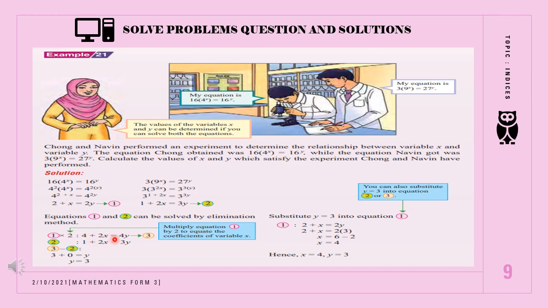So you need to times linear 1 by 2, and the answer will be 4 plus 2x equal to 4y, and the second linear is 1 plus 2x equal to 3y. And then here you can see 2x and 2x, and you subtract because you want the 2x to become 0. So the next solution is 3 plus 0 equal to y, so y equal to 3.